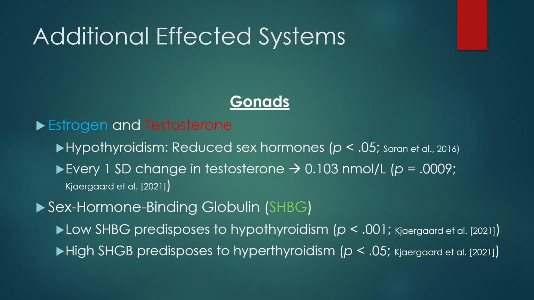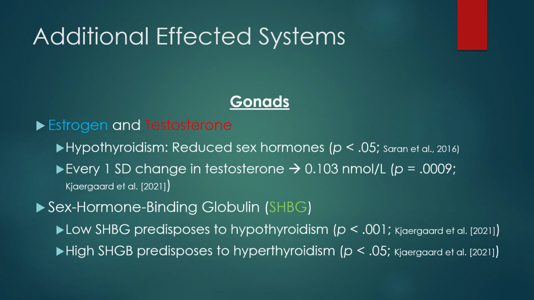And also, it has been observed that for every one standard deviation change in testosterone, I'm sorry, that is a typo. Pardon me. That should actually say in thyrotropin. For every one SD change in thyrotropin, you will see a change in testosterone of approximately 0.103 nanomoles per liter. And as you can see, it's a fairly significant difference from euthyroidism.